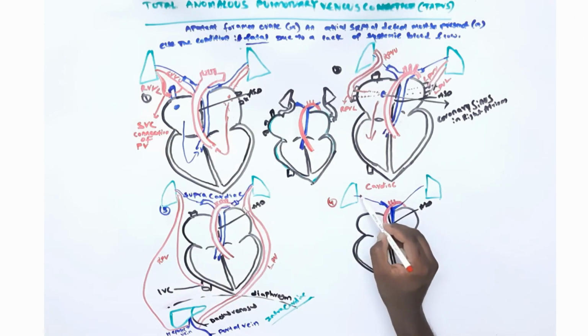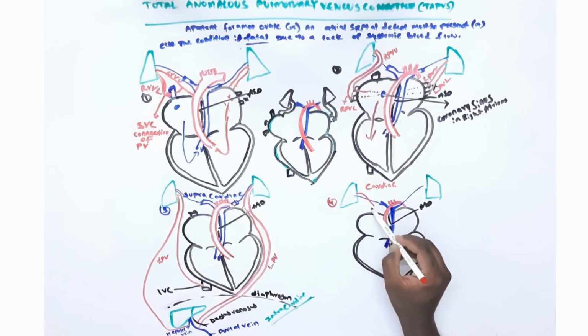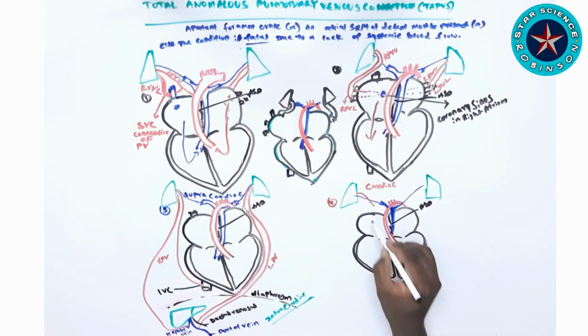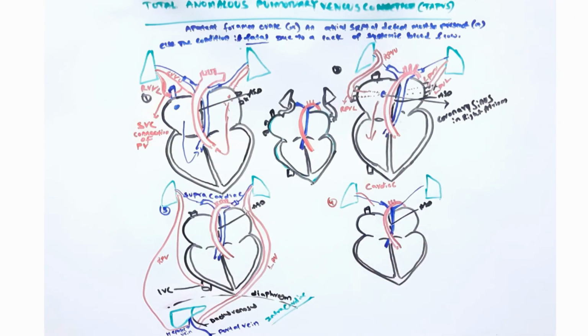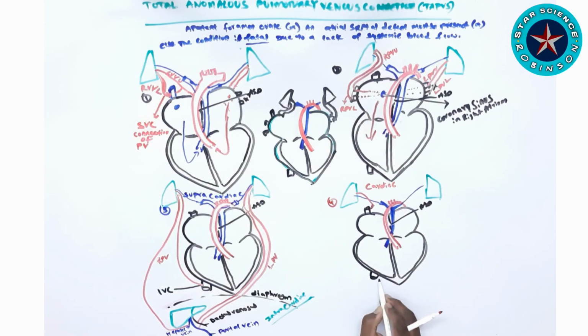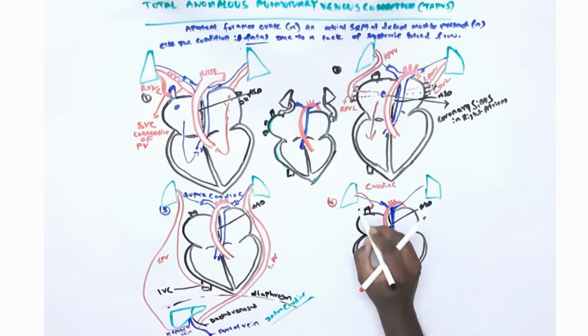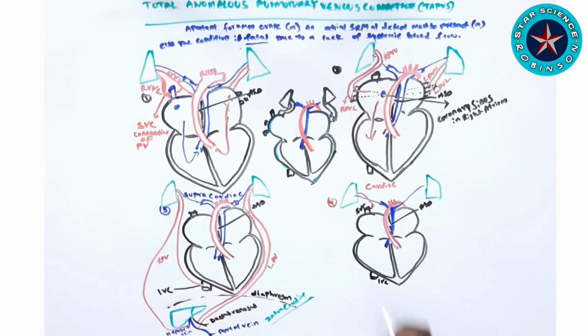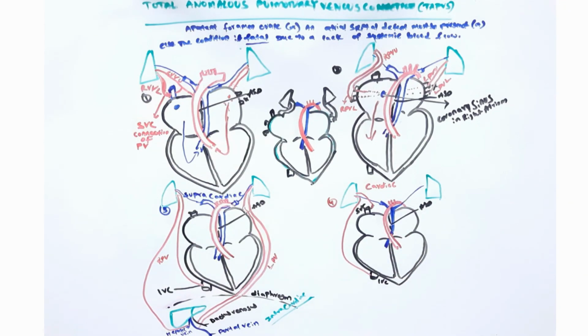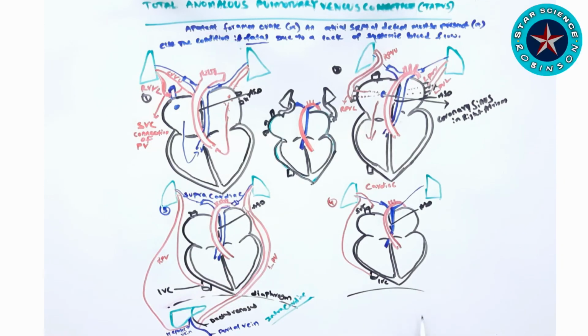We'll see the pulmonary vein going and connecting to the superior vena cava, as we saw in the first type, the supracardiac. That is where you can see the pulmonary vein being connected, and a second pulmonary vein connected to the inferior vena cava.